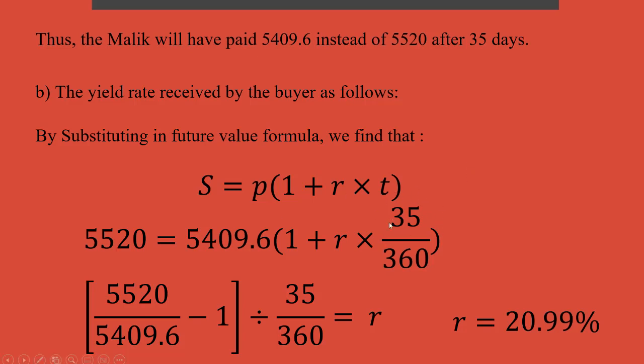The time 35 is the difference between 45 days, the total time, minus 10 days, because he paid within the first 10 days.